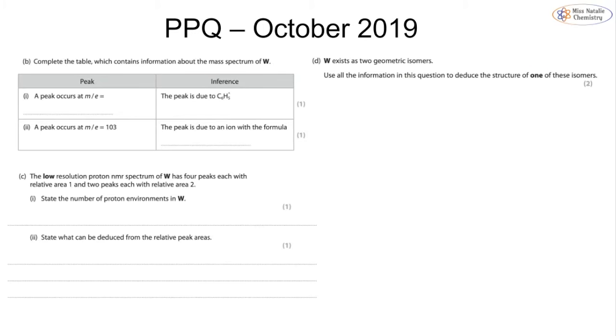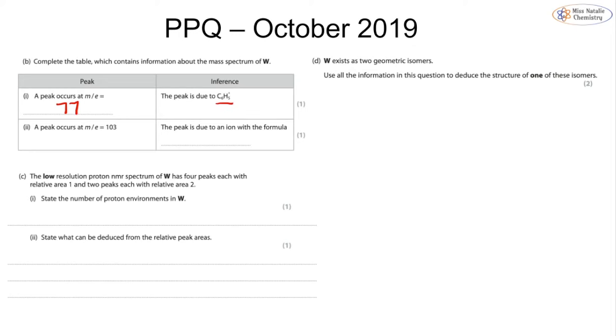We then want to complete the table, which gives us the information about the mass spectrum. It gives us a peak of C6H5+, so that's telling us that there is a benzene ring here, and that peak occurs at, well, we just have to add up the mass of those, and that's going to give us 77.